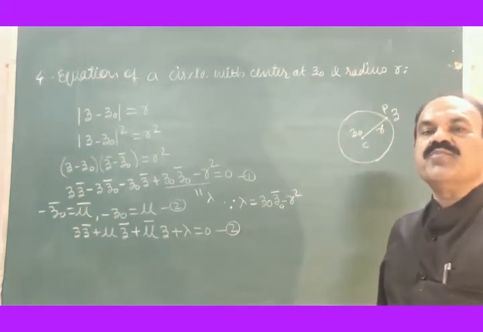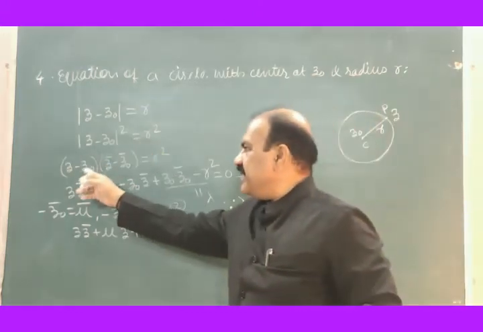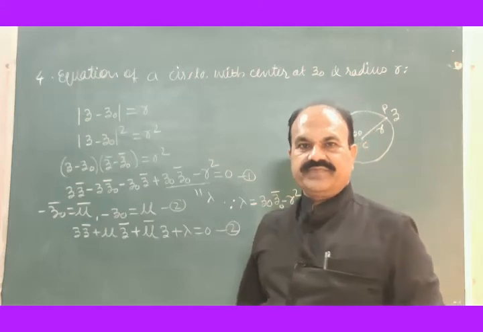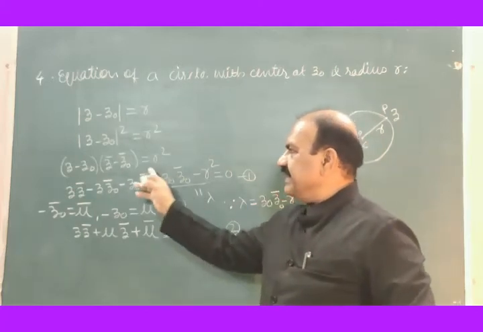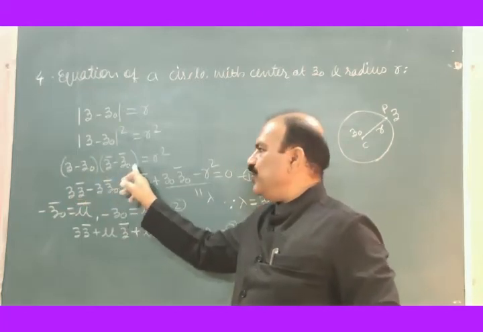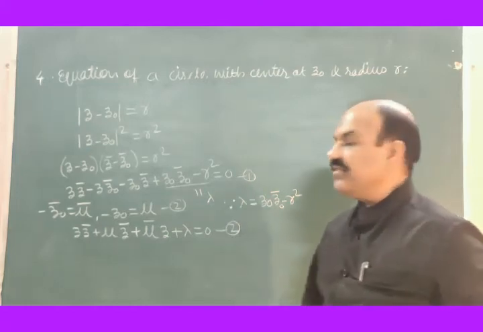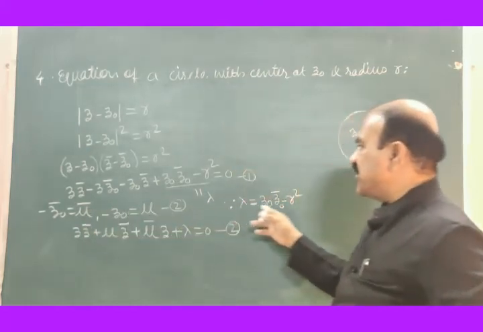Using the properties of conjugate of complex numbers, this can be written as this. Then this bracket gets multiplied with this bracket. We do multiplication of these two brackets to get equation 1. After that we put these substitutions.